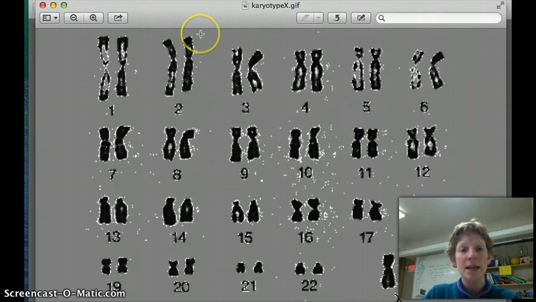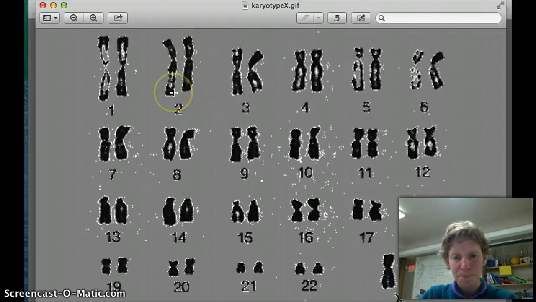But otherwise, let's talk about why they are paired up in general. The reason chromosomes are paired is because one chromosome of the pair is from dad, and one chromosome in the pair is from mom. For each pair, you have one chromosome from mom and one chromosome from dad.